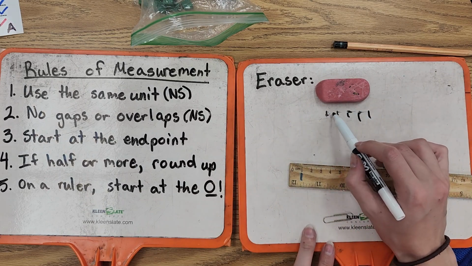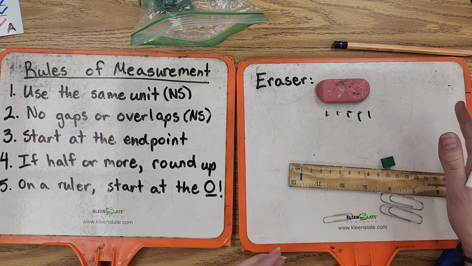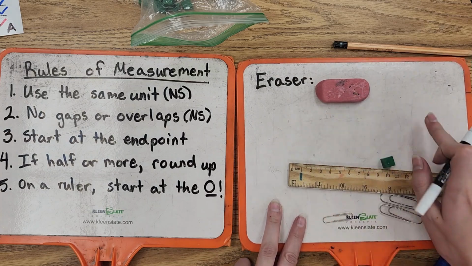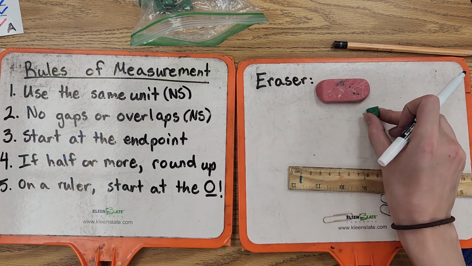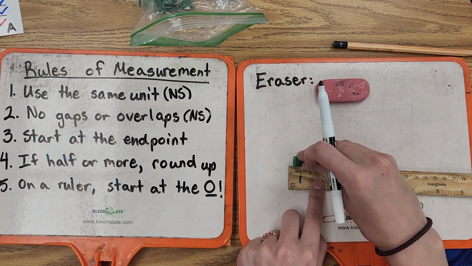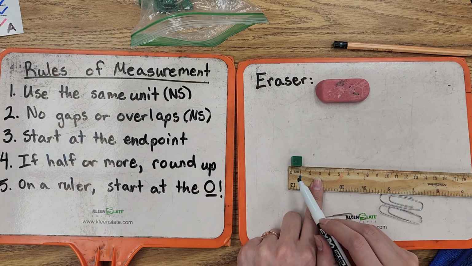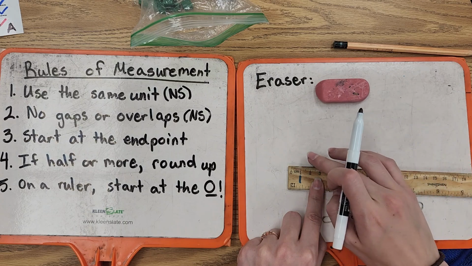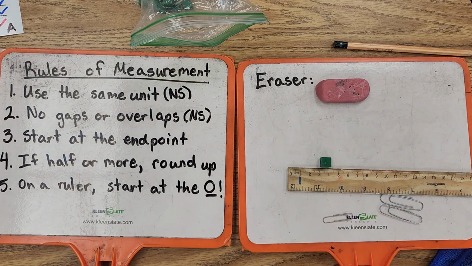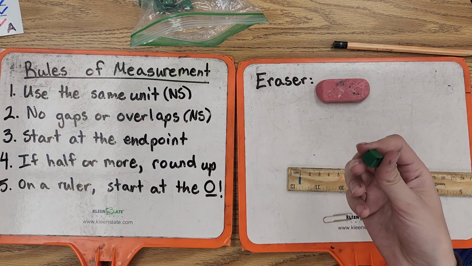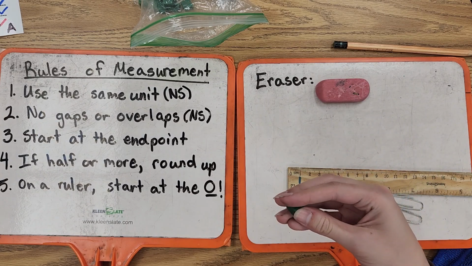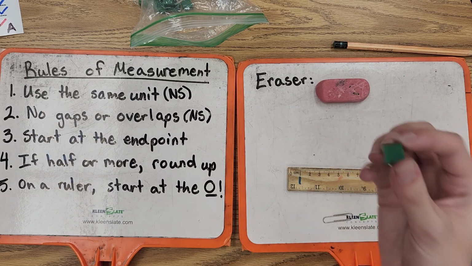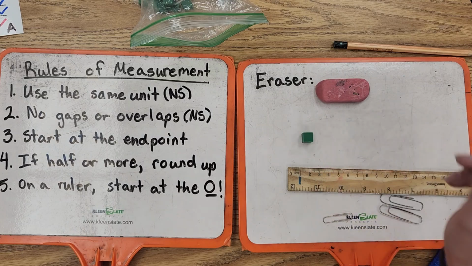So that way we have 1, 2, 3, 4, 5 in this case. It's all the same unit, we just marked and moved it. And we relate this to the ruler where we can see it's 1 centimeter, 1 centimeter, 1 centimeter, 1 centimeter. You can actually make your own ruler if you have a centimeter cube and you don't have what you need. If you have a centimeter cube, you can make a centimeter ruler. So that's one of the things that we talk about.